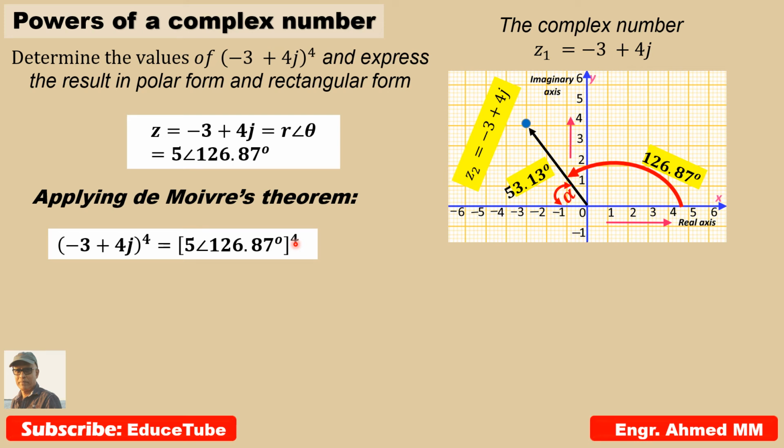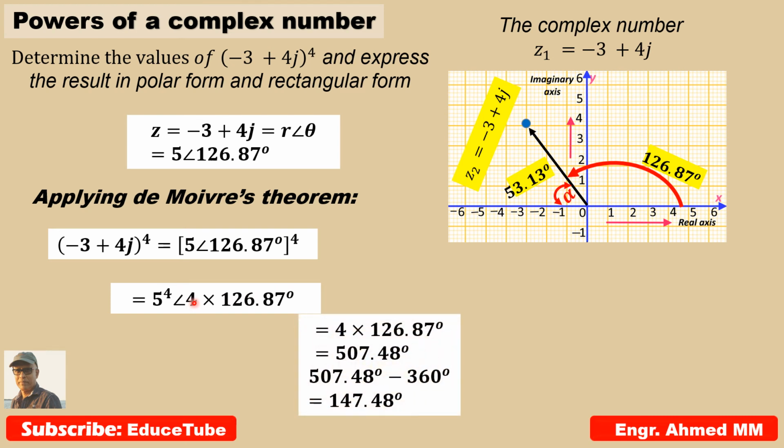We already learned that if the power is 4, we put the modulus to the power 4 and multiply the argument by 4. Our result will be 4 into 126.87 degrees.